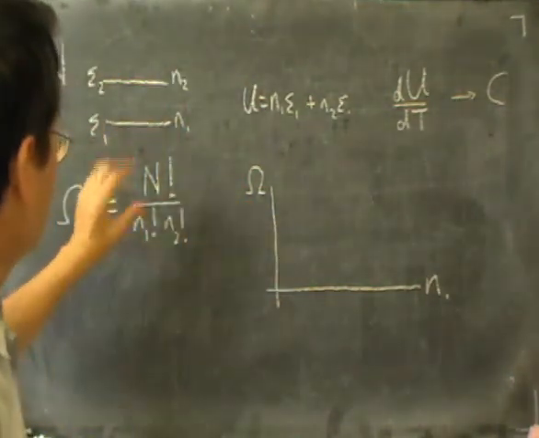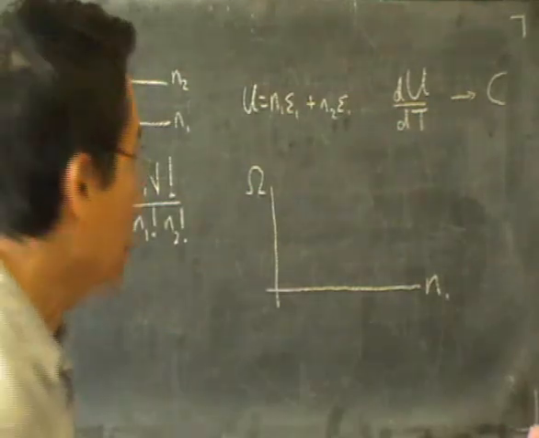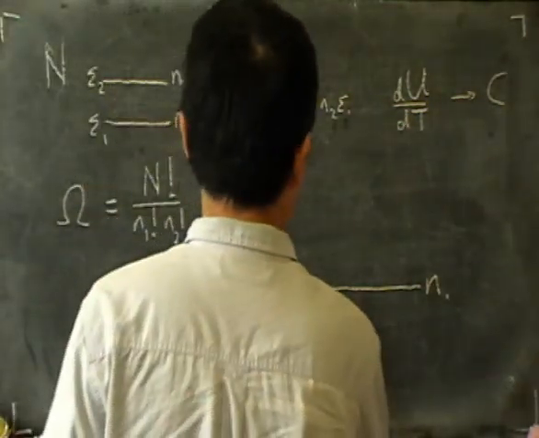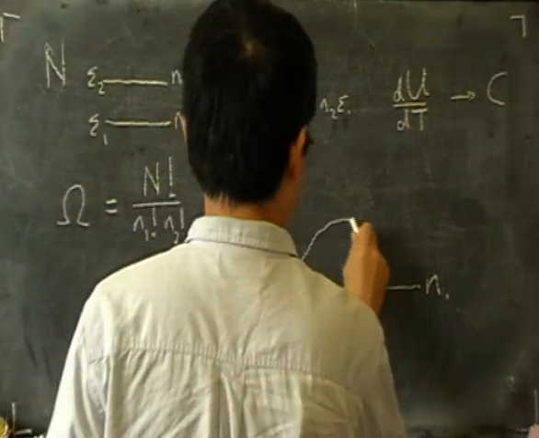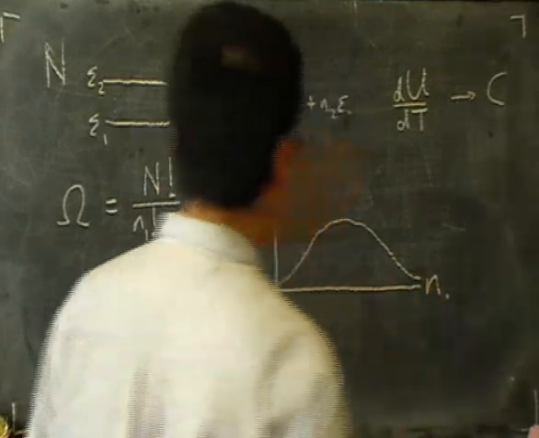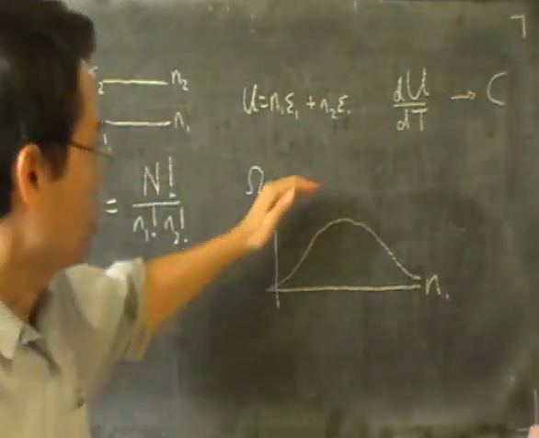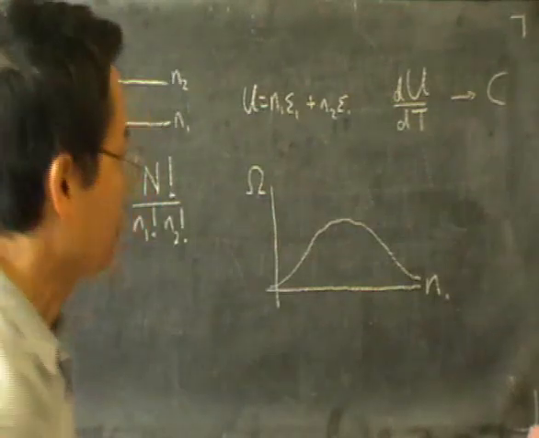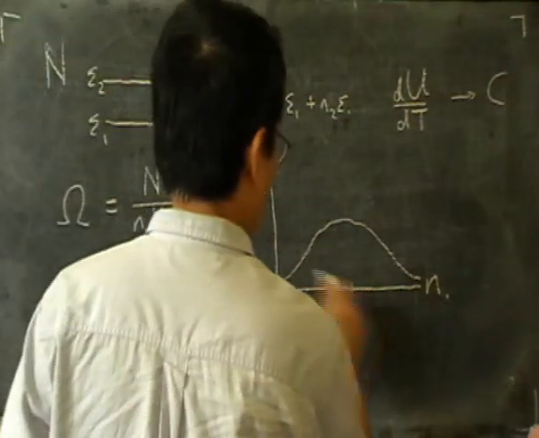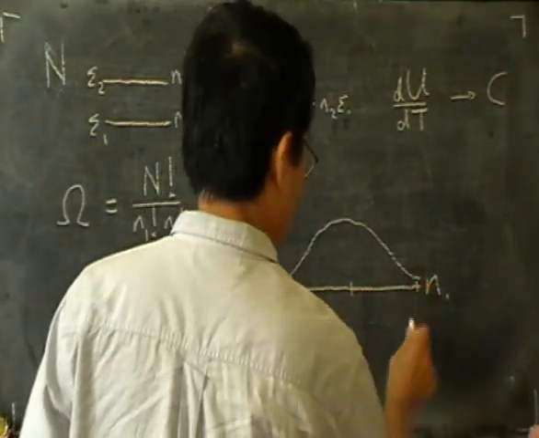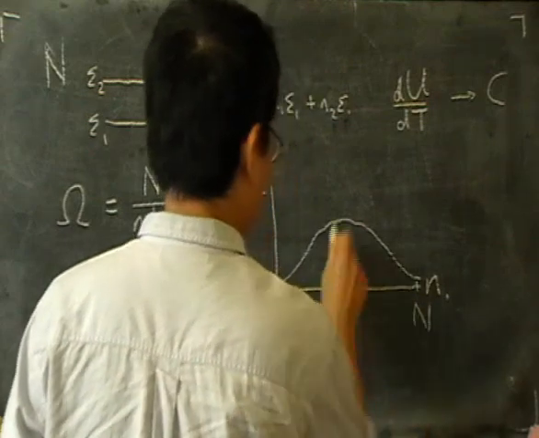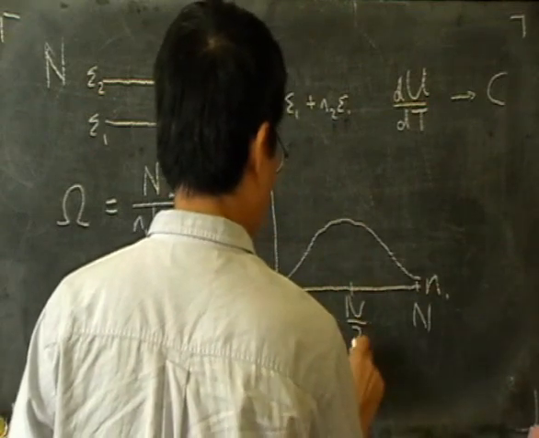If I actually put in some numbers and plot a graph, what you would find is a graph that looks like this. Now this graph peaks at the center, at the value here. Let's say that is big N. So it peaks at the middle, N over 2.